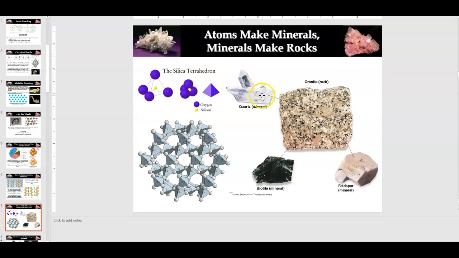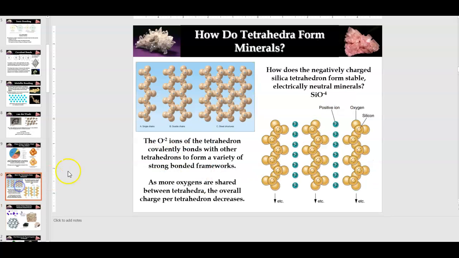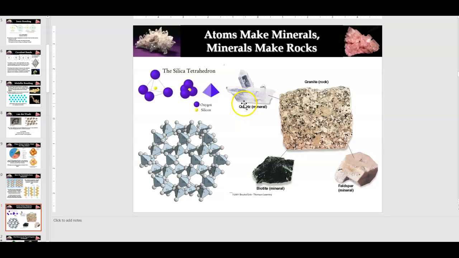Quartz has what we call a framework structure, where the sheets are on top of each other and all of them are covalently bonded. So they're really hard in all directions, and that's why quartz is very hard. It has a very rigid structure.